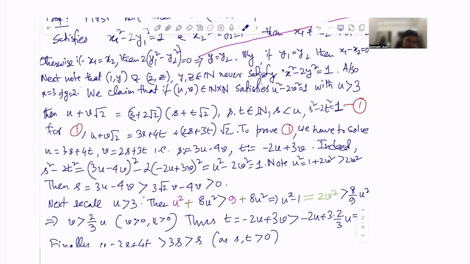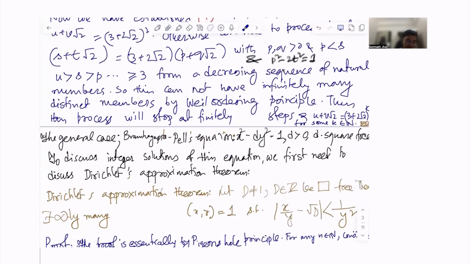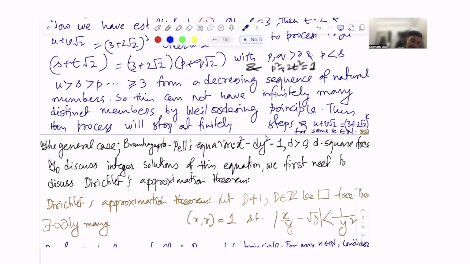And so for the general case, we need to prove this, which is called Brahmagupta-Pell's equation: we want to discuss the integer solutions for a general D. In our case, d is greater than 0 and square free, and we want to discuss x square minus d y square equal to 1.